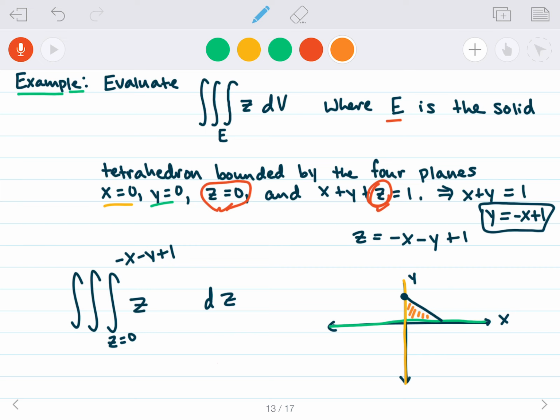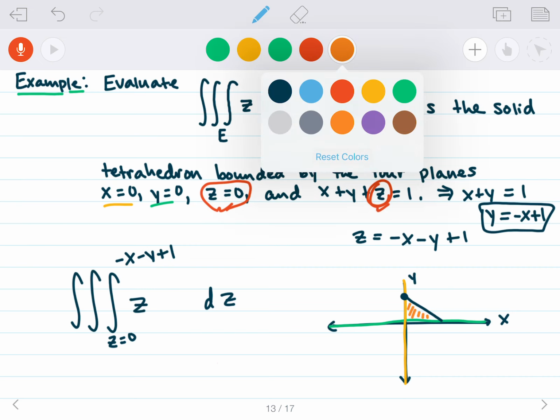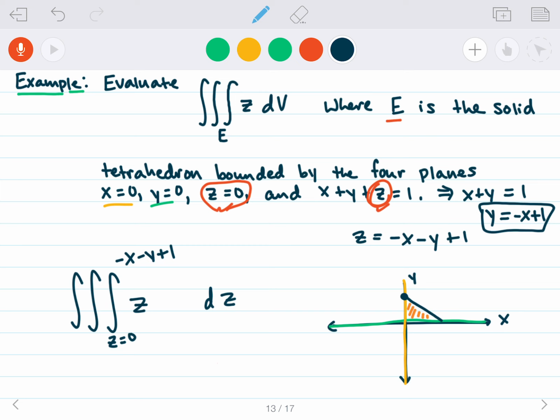Okay, so let's figure out what my bounds are going to be. So here's my line, y equals negative x plus 1. And below I'm bounded by y equals 0. And the bound above in the y direction is y equals negative x plus 1. So I could do y next.